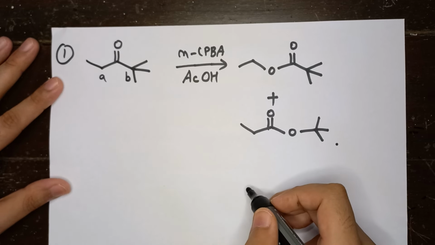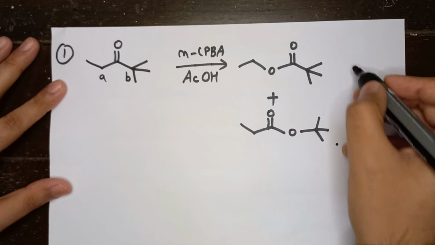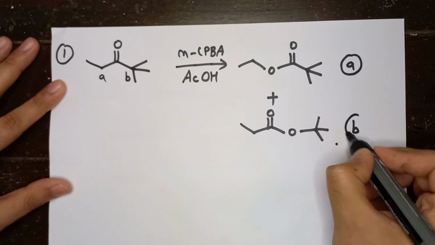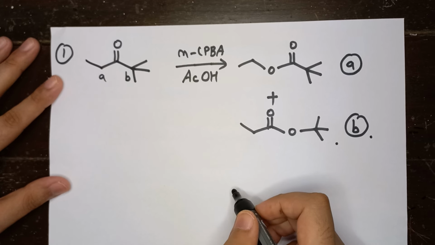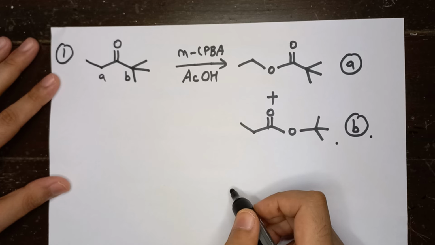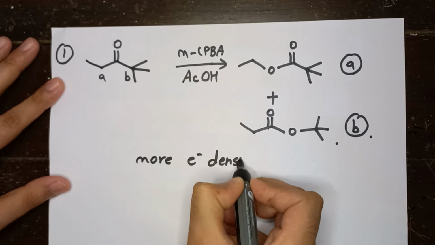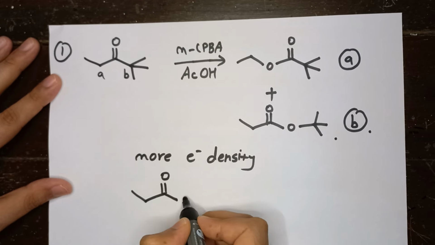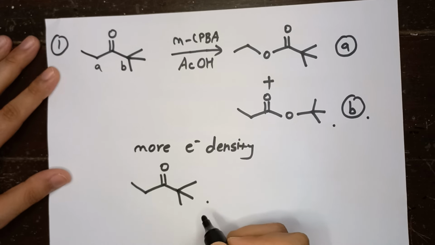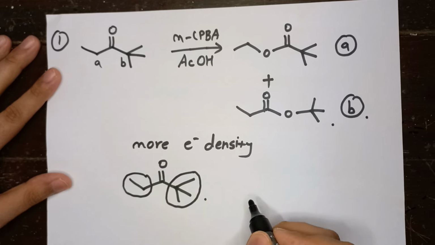So one of them is going to be the major one. So what do you think? Which is the major product? Is it from the A side or the B side? So take a note that you have to install oxygen from the side where electron density is more. Okay, so electron density should be more. So in this particular example, we have an ethyl group here and we have a tertiary butyl group here, right?